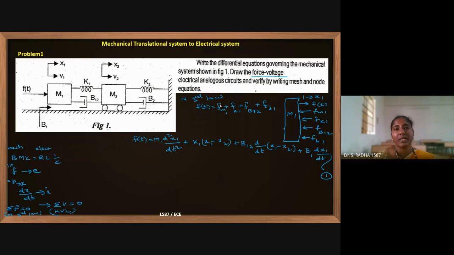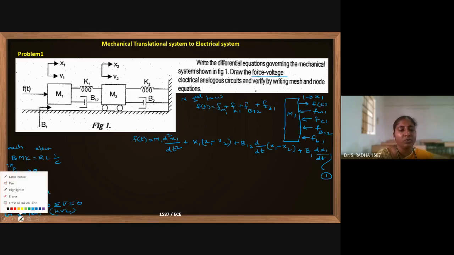Similarly, Kirchhoff's voltage law is the algebraic sum of all the voltages equal to 0.